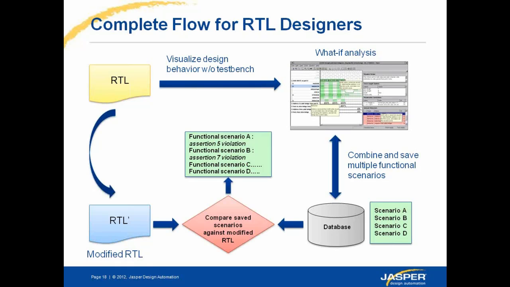Once you are done with the modified RTL, you check that what you have saved in the database is still true in your modified RTL. If it's not, obviously you need to debug. By doing this cycle, you come up not only with your design, but also with the corresponding assertions that are supposed to verify your design.